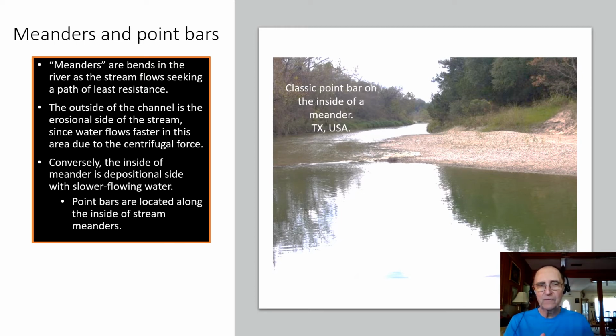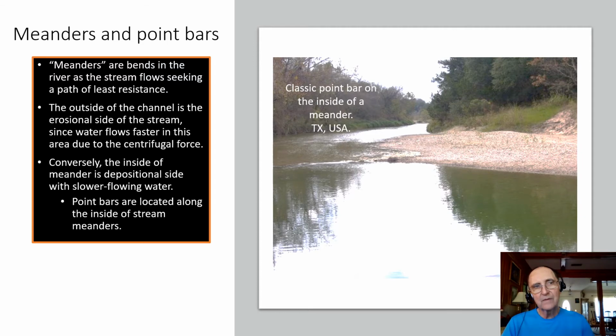Conversely, the inside of the river meander is the depositional side because water is flowing at a slower velocity. So deposition typically takes place on the inside of that meander. Point bars are sandbars or gravel bars that are located along the inside of stream meanders.